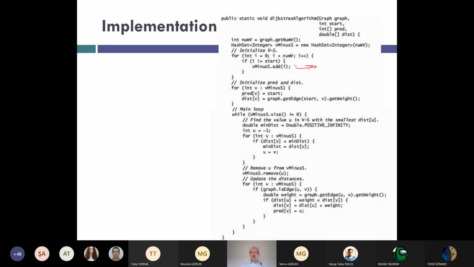So this will be constant time operation, right? So the overall running time of this operation will be linear time. And since the IDs of the vertices are from 0 to num_v, the hashing function is a perfect hashing function. The running time is theta n in the worst case as well.